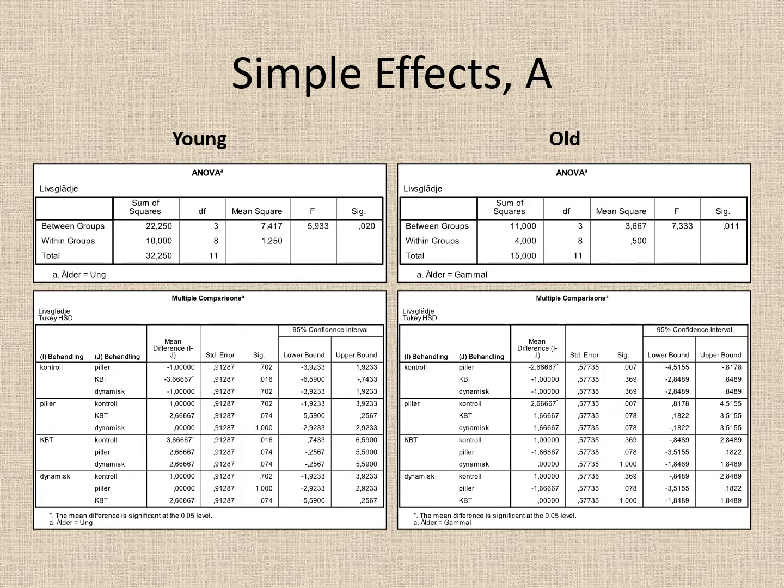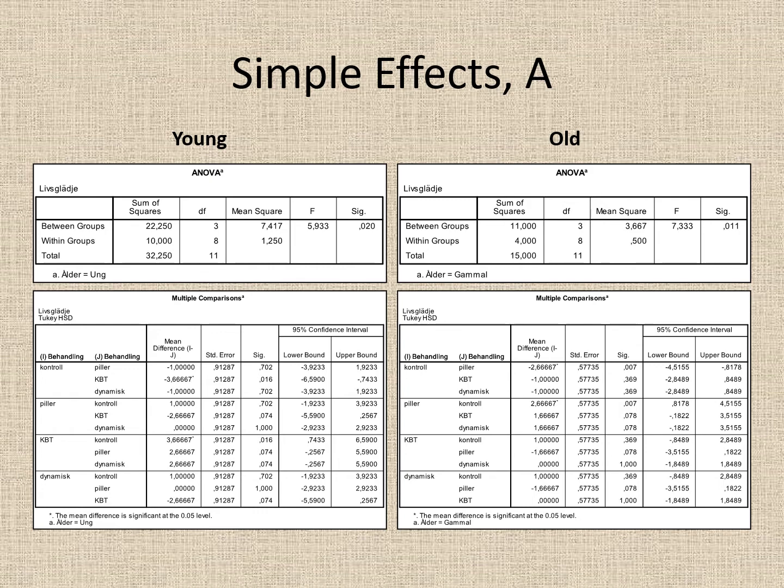There will always be one of these boxes with only positive values. And in this case, it's cognitive compared with rest. It means that the mean is highest for the cognitive group, significantly higher than for the control group, and marginally significantly higher than the 2 other treatment groups. So cognitive therapy is the best for younger patients, significantly better than the control condition.